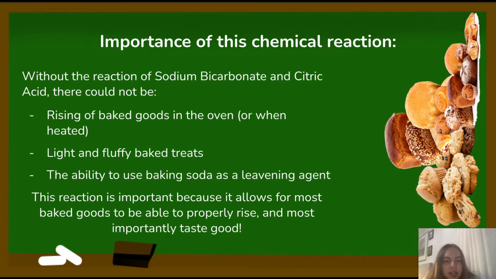And according to Science Direct, leavening reactions can also help with a uniform cell structure and help reduce the density of goods, which overall make the good taste better and makes people want to eat it more.